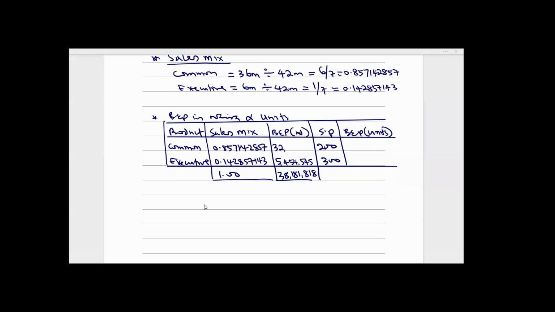You need to divide your answer by the selling price to get the sales units. So here, 5,454,545 divided by 300 is 18,181 units.